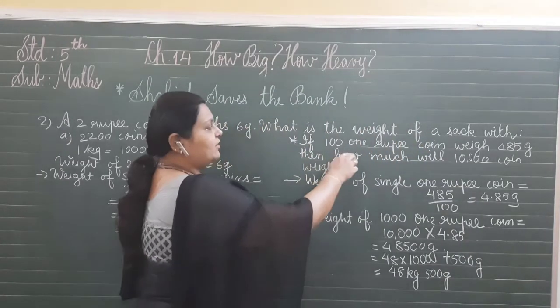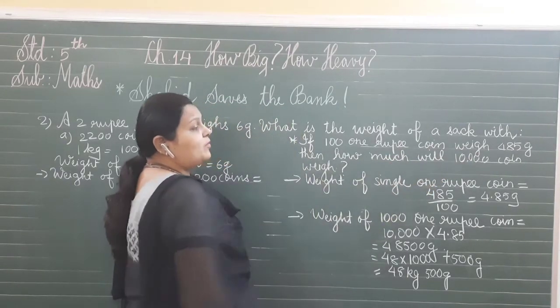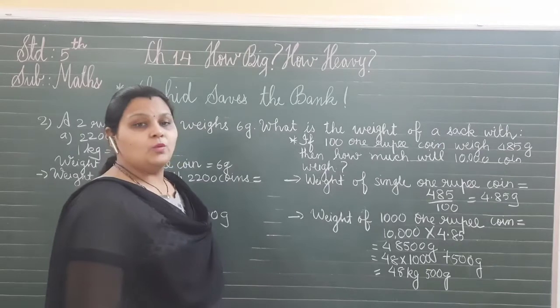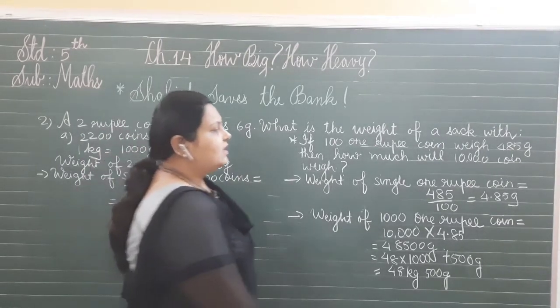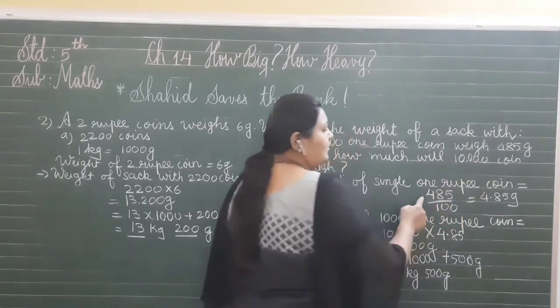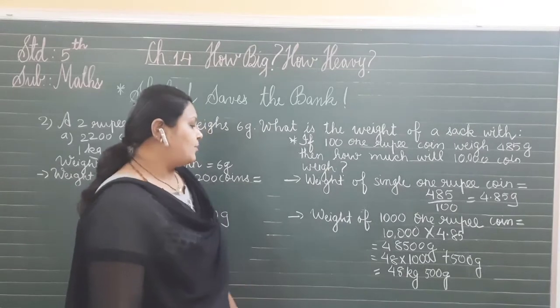Next, if 100 one rupee coins weigh 485 gram, then how much will 10,000 coins weigh? So the weight of a single 1 rupee coin is 485 gram upon 100, so 4.85 gram.